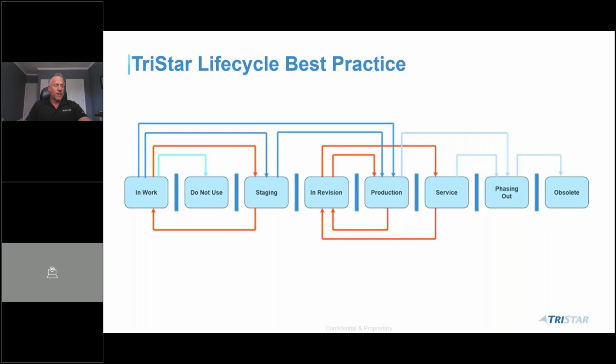There are a couple of other states we may consider implementing, like a concept state. Sometimes we put that in for customers. But generally speaking, you need to have all of these states. They don't have to be the same name, but they do need to communicate the intent of what that state means. The one we're going to focus on today to answer question number one is staging.